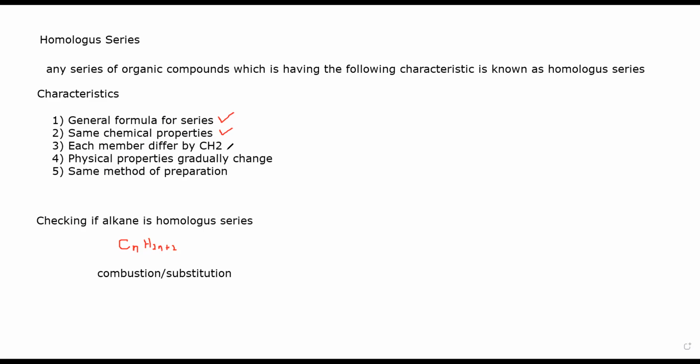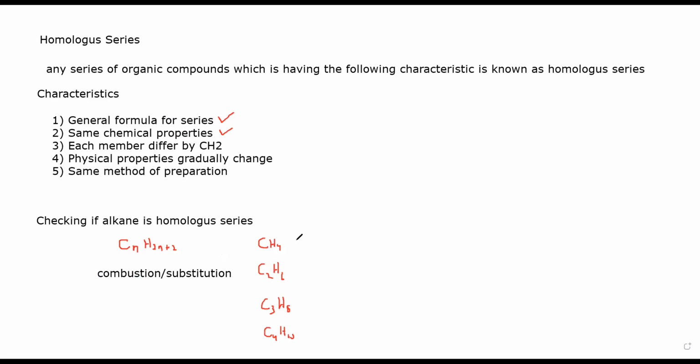Each member differs by CH2, meaning the difference between the members equals CH2. The first member of this series is CH4. The second member is C2H6. The third member is C3H8, propane. The fourth member is C4H10.